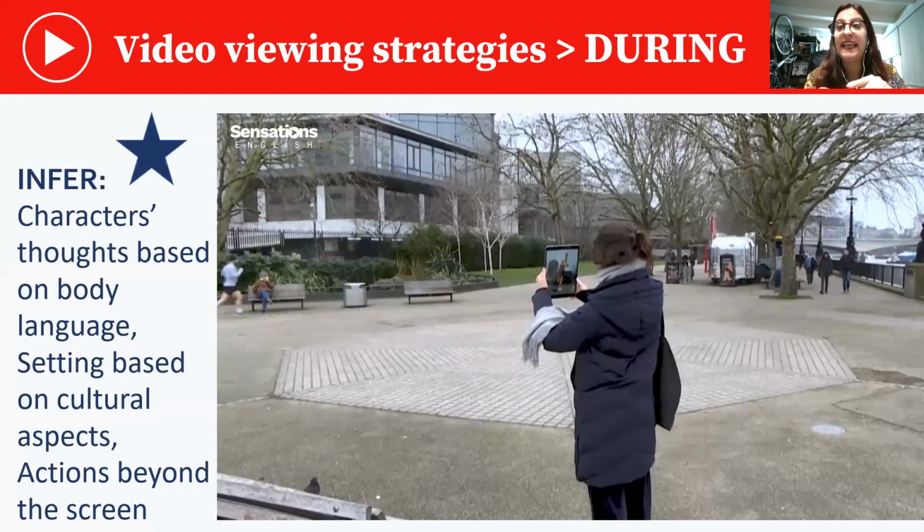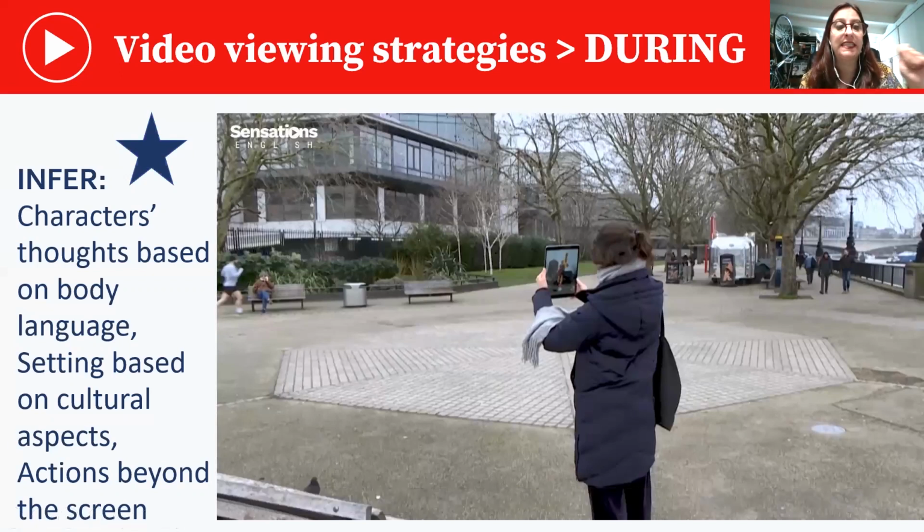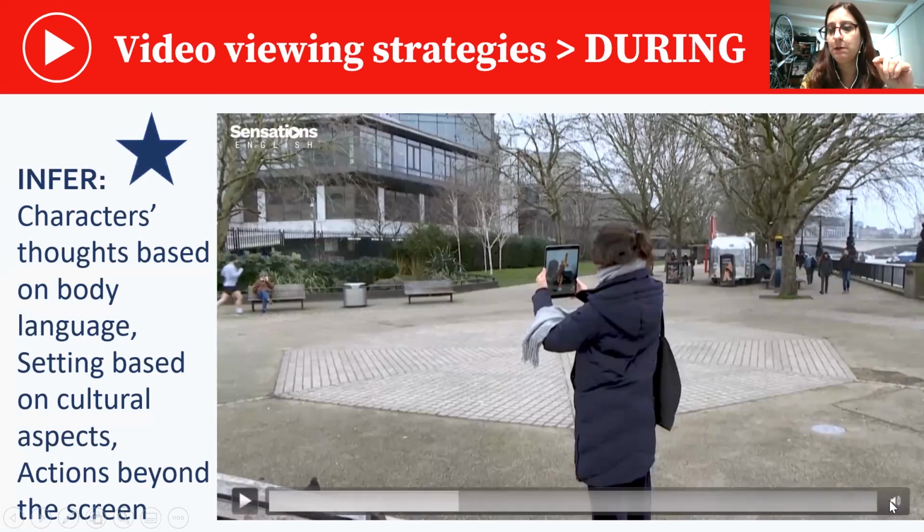We can also infer setting based on cultural aspects, which is what we are going to do now. And we can also infer actions beyond the screen. What's happening that we don't see, okay? All right, let's play a little bit of this, very, very short, and see if you can identify which city this is.